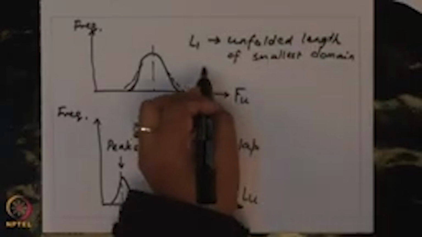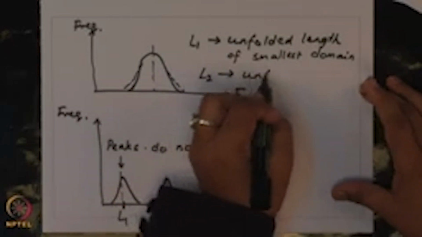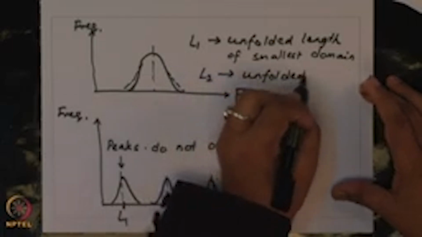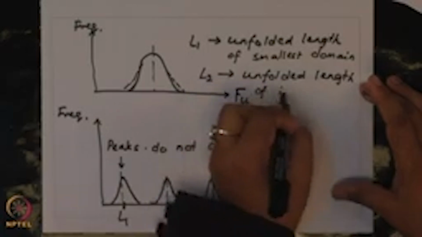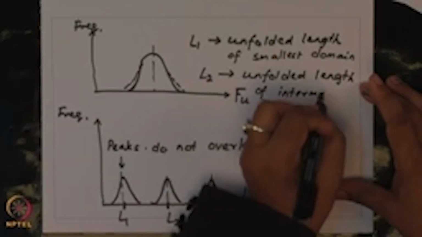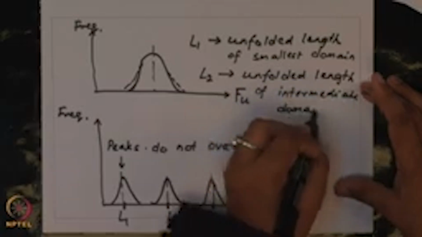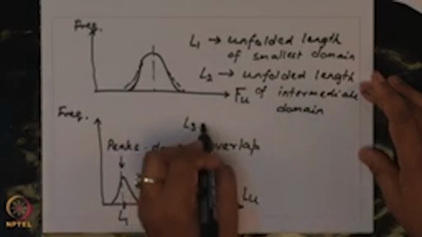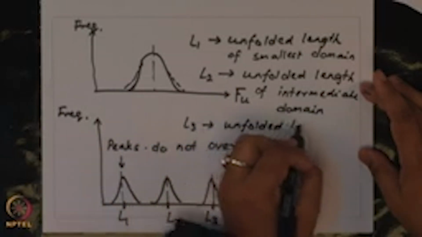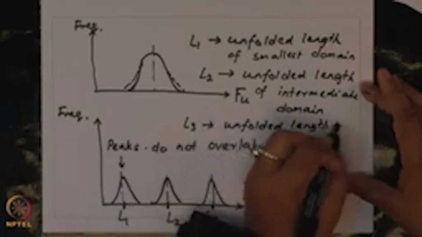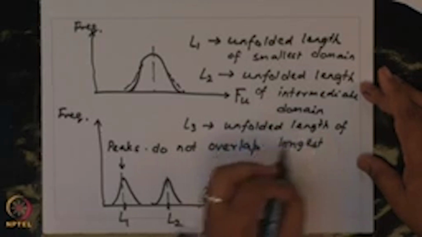L2 is similarly the unfolded length of the intermediate domain, and L3 is the unfolded length of the largest domain.